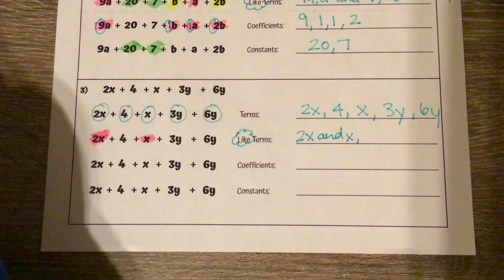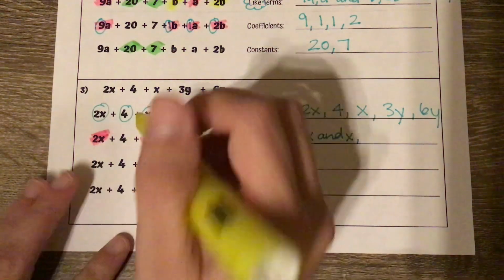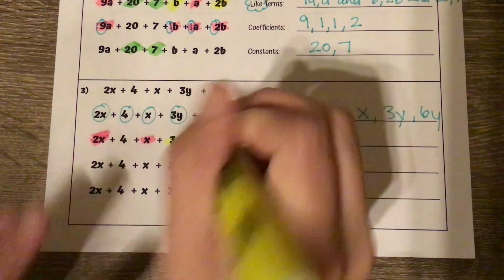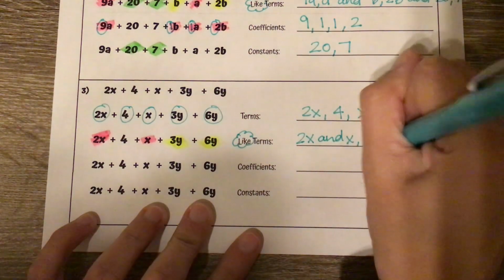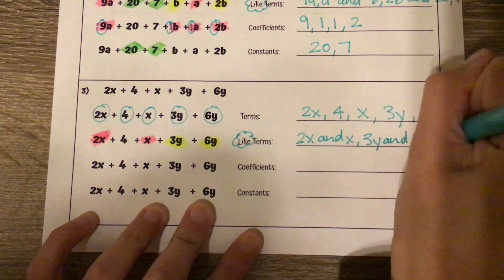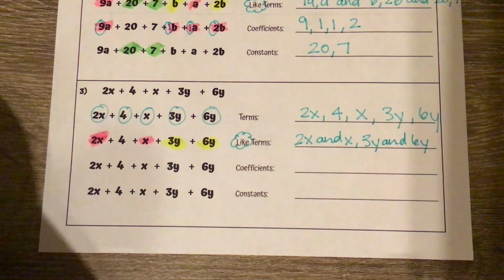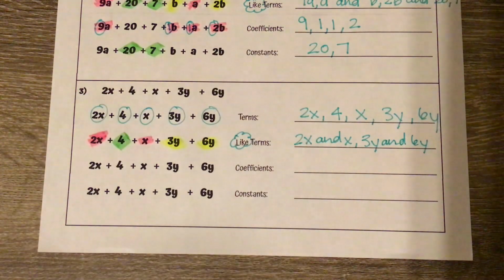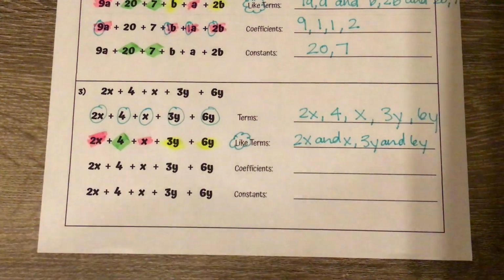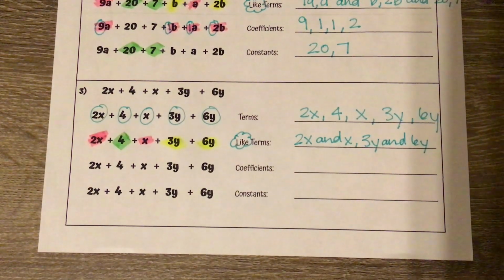Then we have 3y and 6y are a pair of like terms. And then the 4 doesn't have any other just number, so it doesn't have a pair, so that's not included in the like terms.